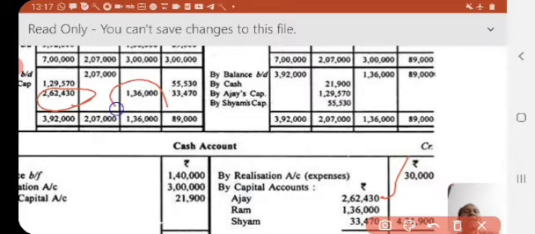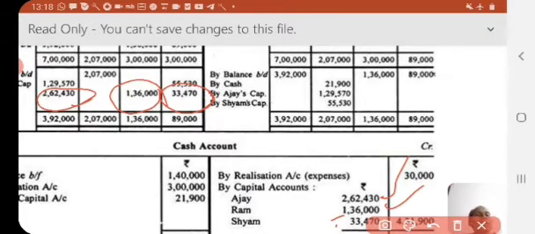And 1,36,000 is paid to Mr. Ram. Here it is mentioned. And 33,470 is recorded here. Is it clear?